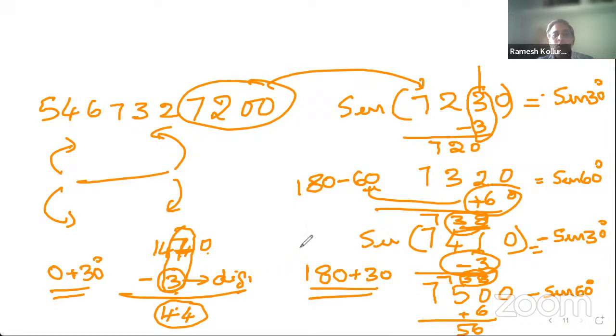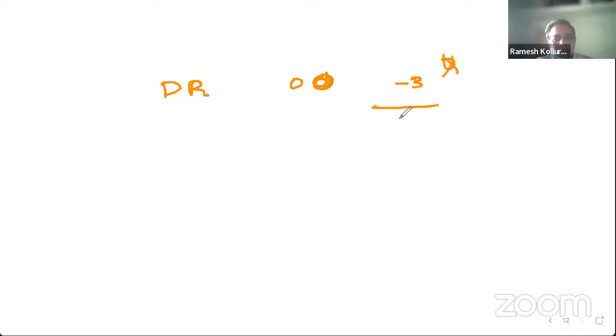Again I'm writing the rule: first find the digital root of the number. If the number is odd, you subtract 3, ignore the 0, and check the divisibility by 4. Then your answer is there.